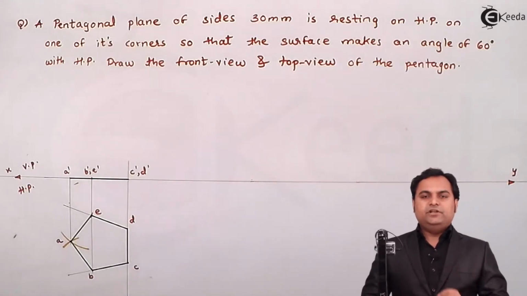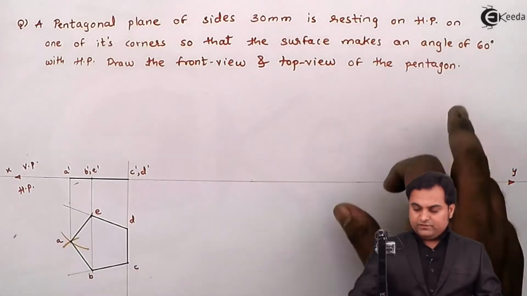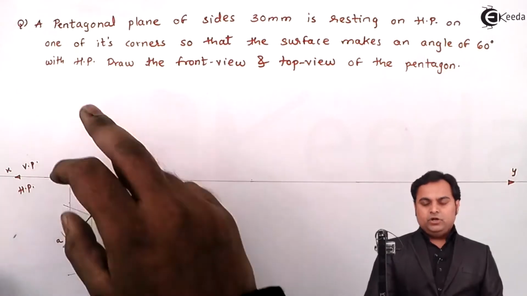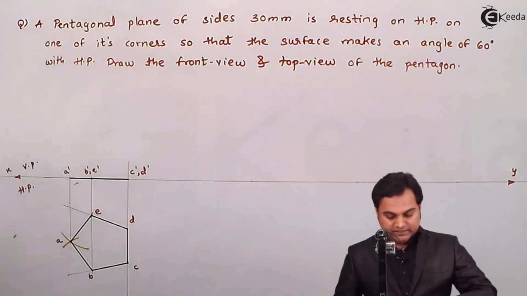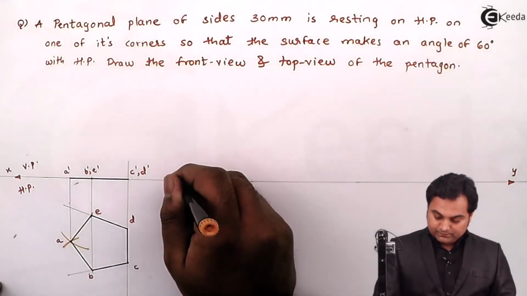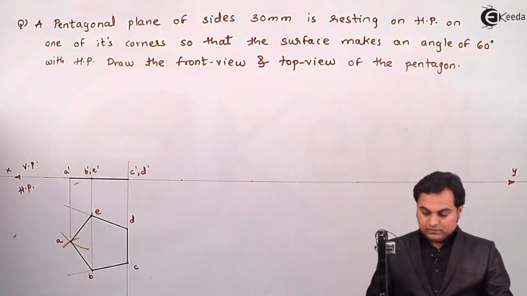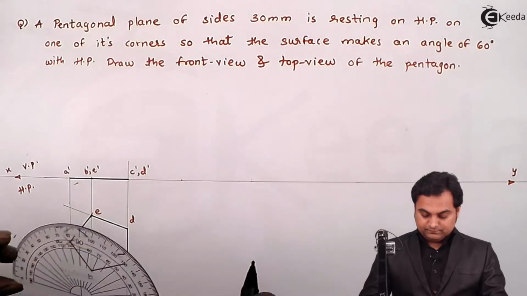This will be visible in HP. It is given with respect to HP, so it will be visible in VP, that is in the other plane. For that, here I am selecting a point, measuring 60 degree.